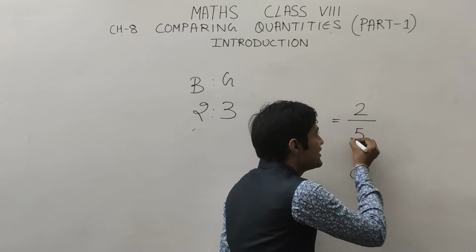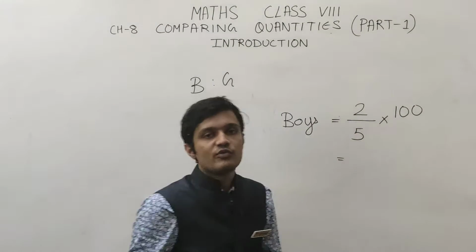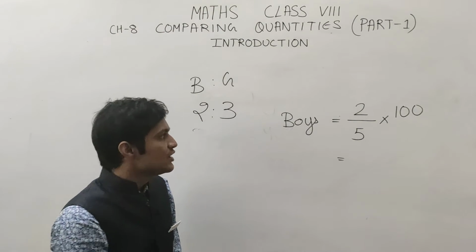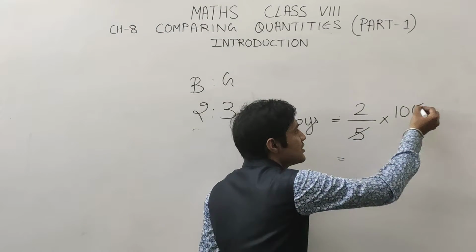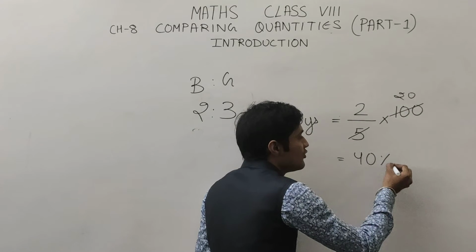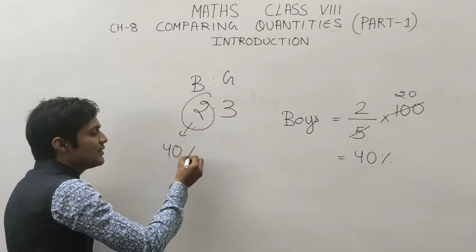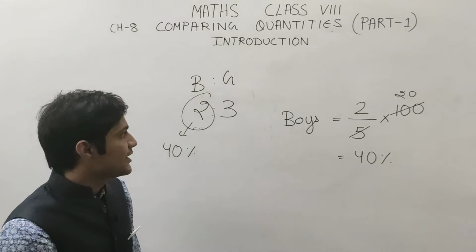So I am writing 5 here, into 100 to find out the percentage. So this percentage becomes 5 twenties are 100, and 2 into 20, 40%. So this ratio 2 can be written as 40%.